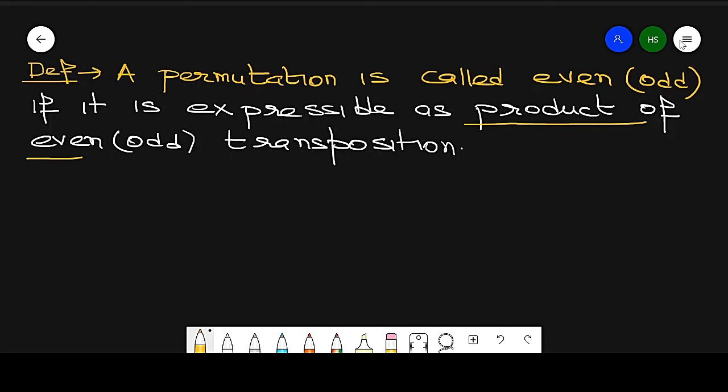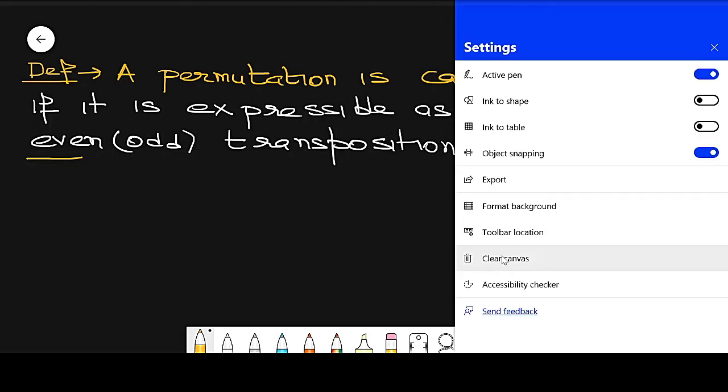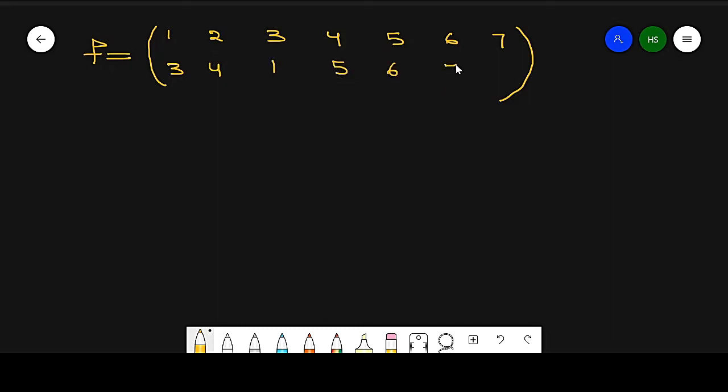For example, if I take some permutation f on a set S of this kind, so 1, 2, 3, 4, 5, 6, 7, with values 3, 4, 1, 5, 6, 7 and 2.